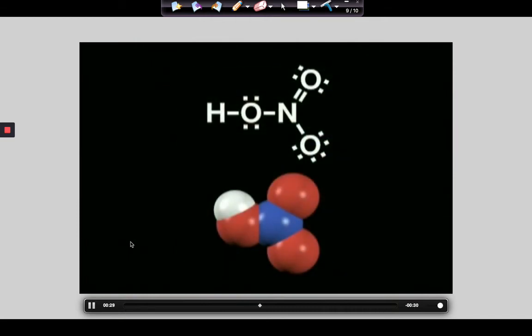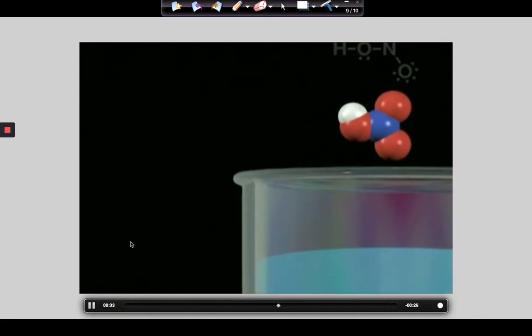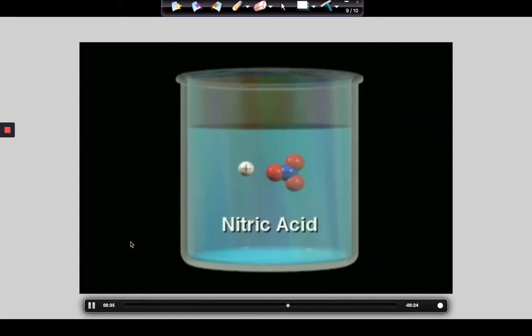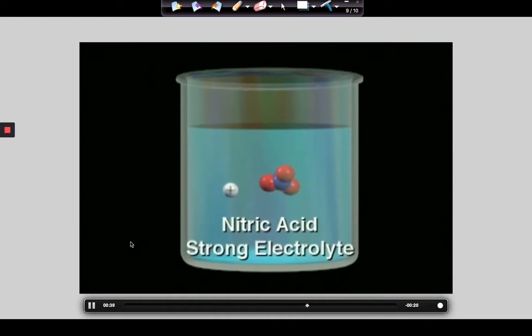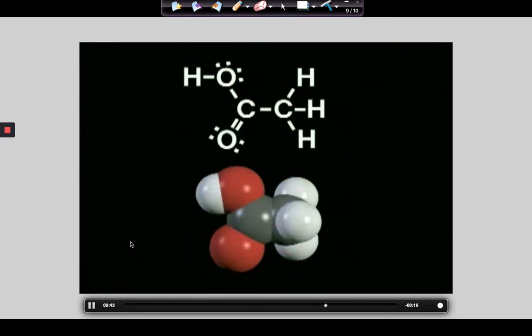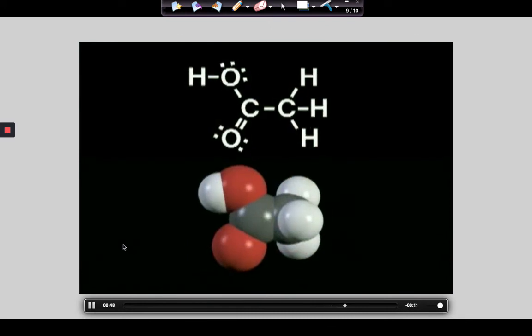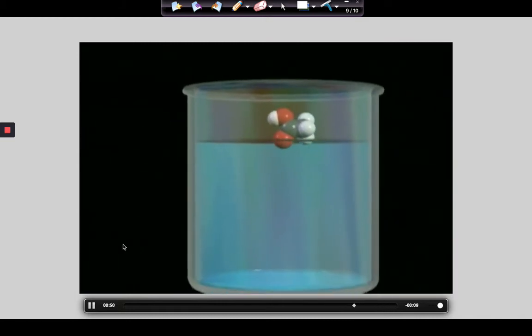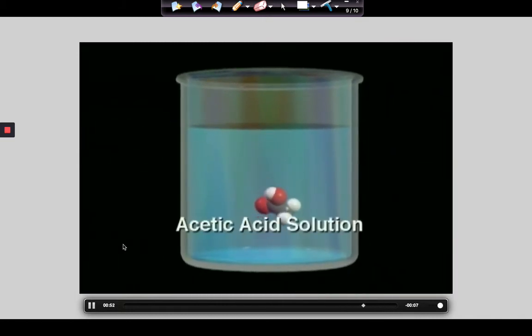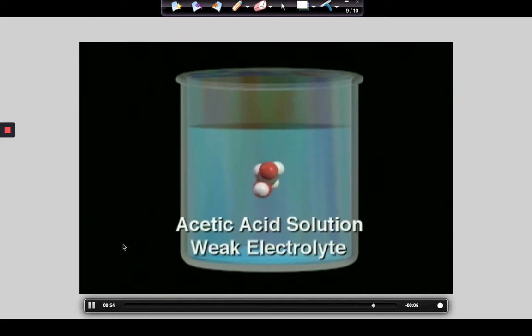Nitric acid is another common strong acid. Upon dissolving in water, nitric acid completely ionizes to form an acidic solution. Like hydrogen chloride, nitric acid is a strong electrolyte. Acetic acid is the major ingredient of vinegar. When acetic acid is added to water, it does not completely ionize. It is therefore termed a weak electrolyte or weak acid.